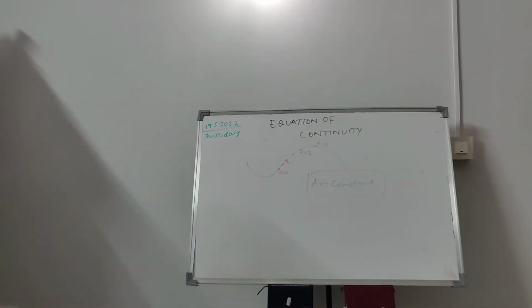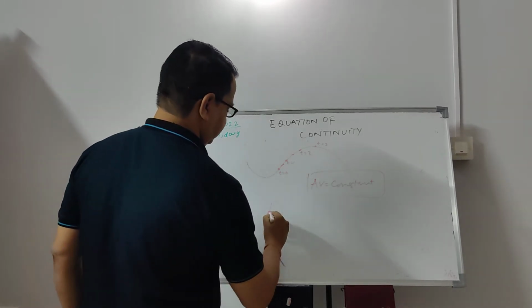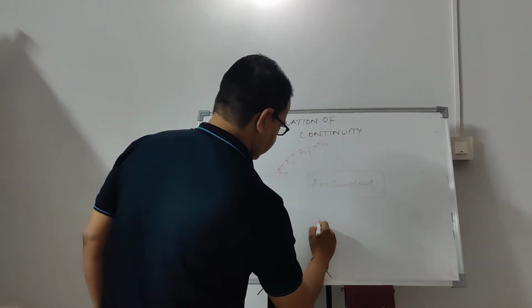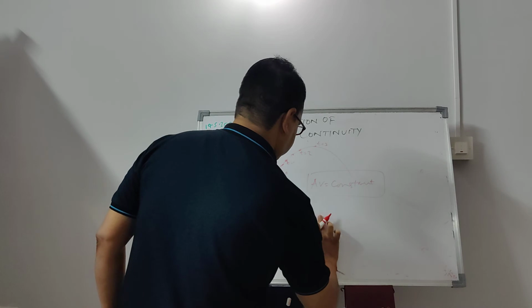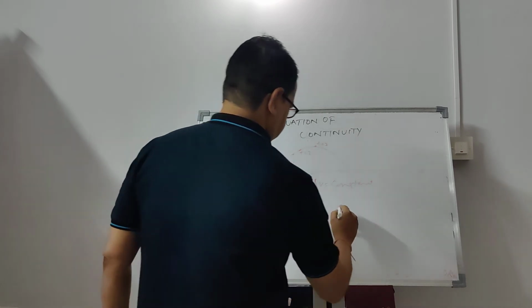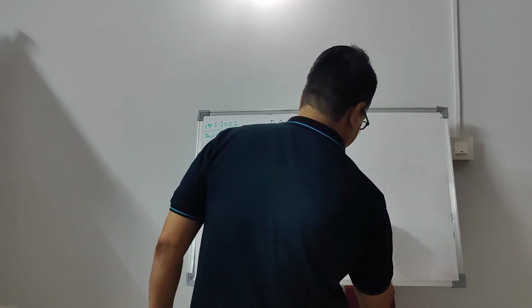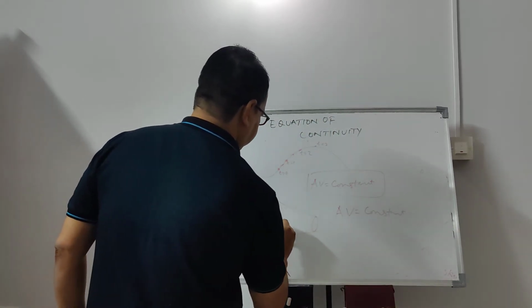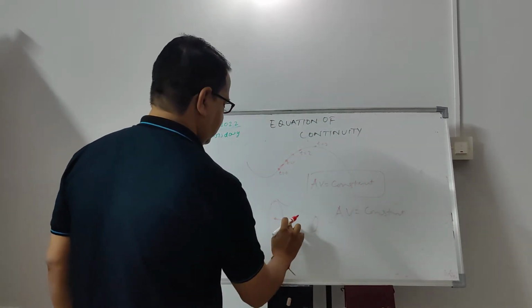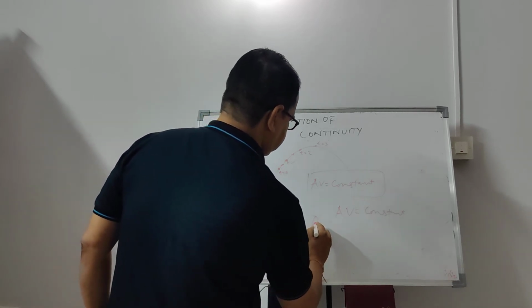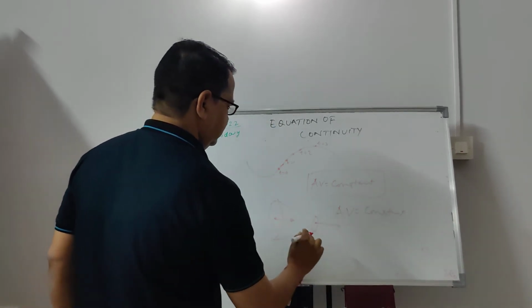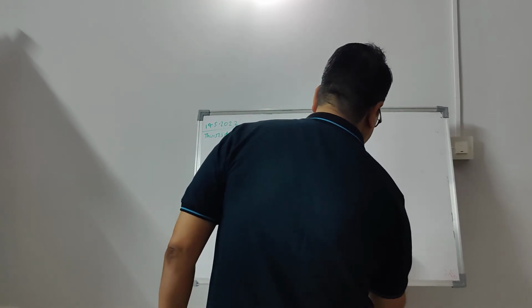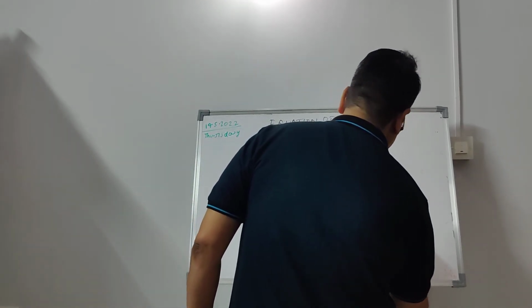So a very important observation will come from this. Suppose you have a pipe. AV is equal to constant. That means A1 V1 is equal to A2 V2.